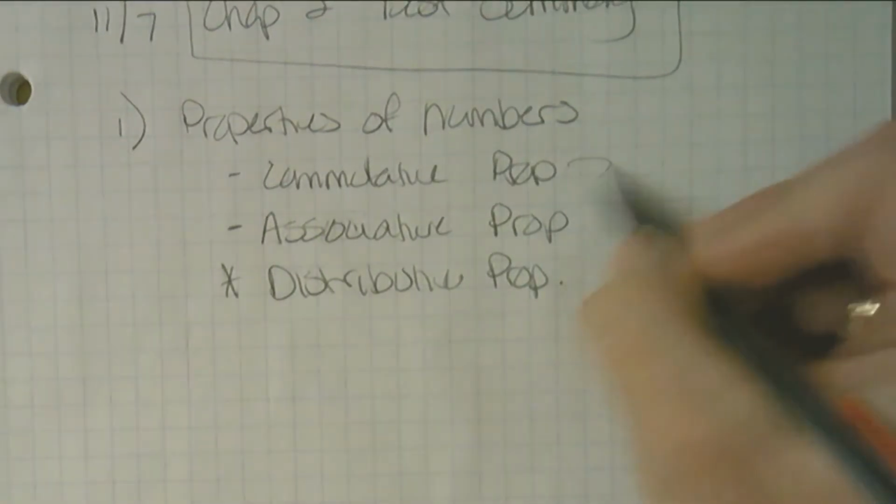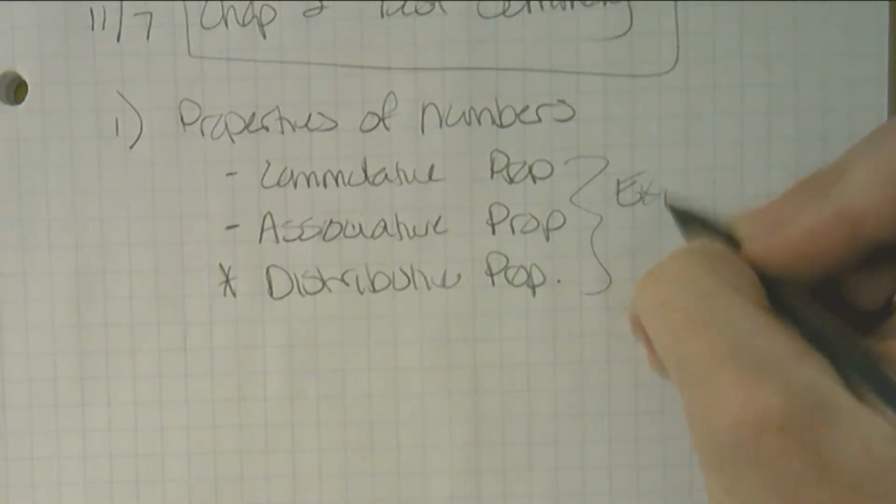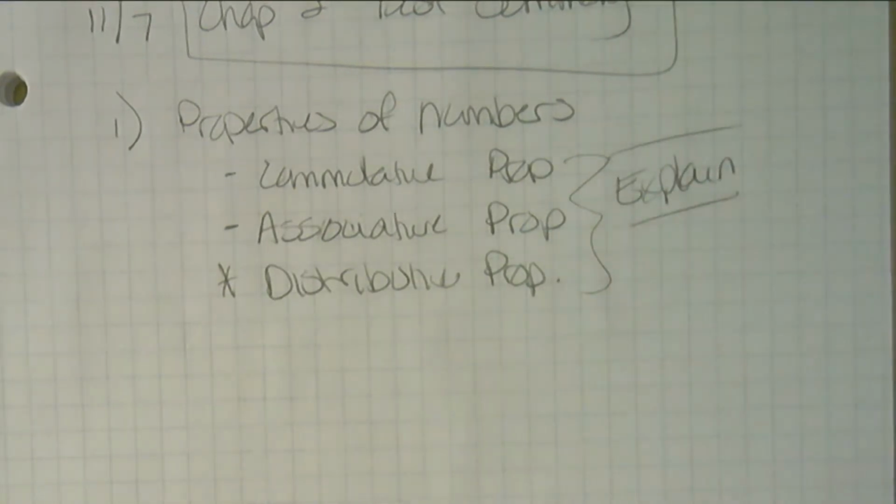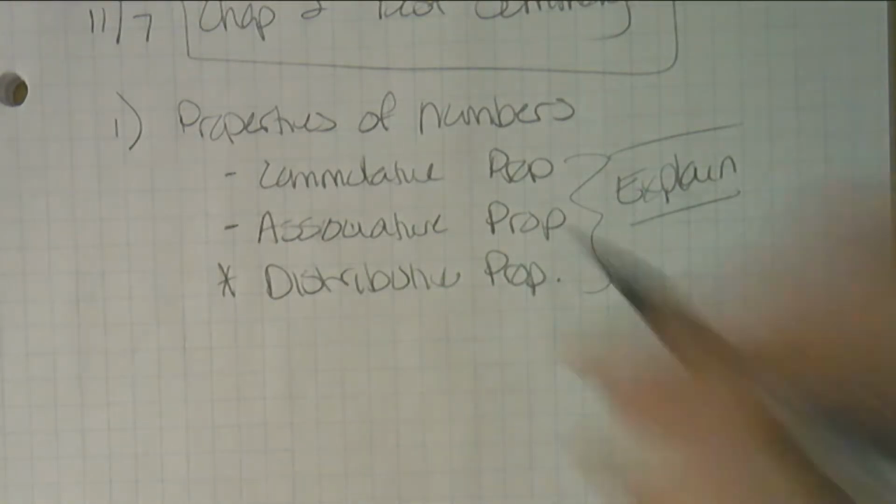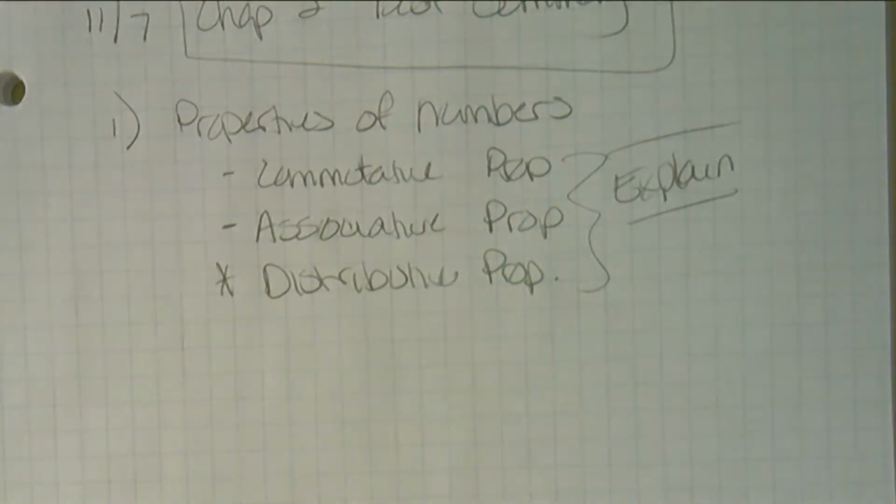You may have to explain any one of these, not more than one, in your own words. You might have to explain the process of the distributive property. If you know how to do it, you can explain it. I'm hoping explaining these aren't that big of a deal, but understand what the commutative property means. It means being able to move the order of numbers around. Associative property means grouping them differently.